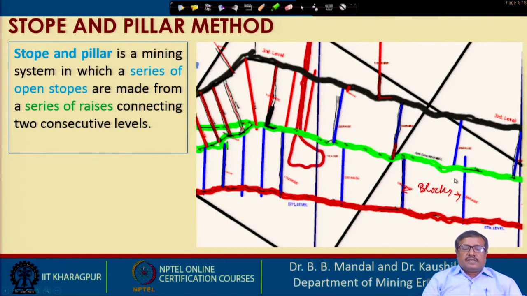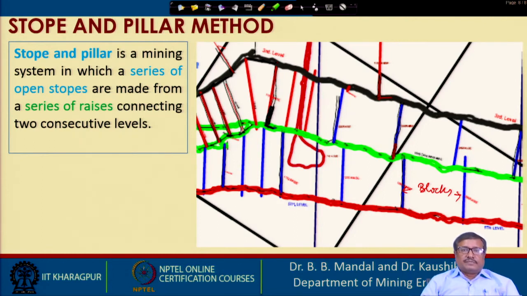Now, this is actually a little simplified, but I have taken it from one mine. The stope and pillar is a mining system in which a series of open stopes are made from a series of raises connecting two consecutive levels.